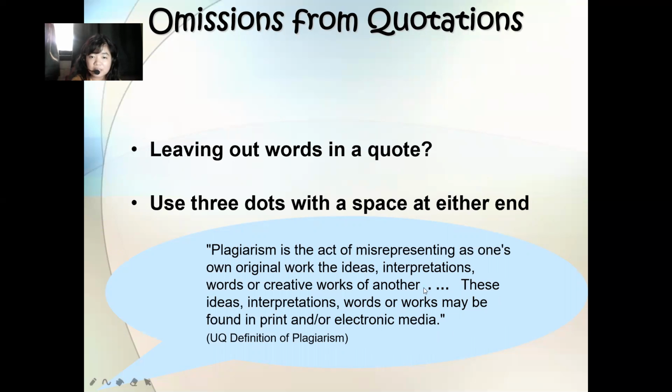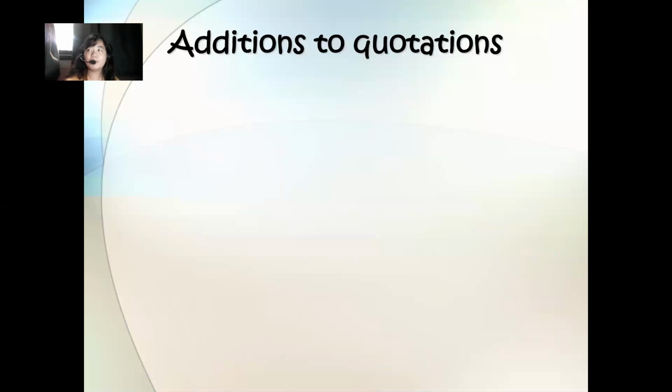The three dots indicate that you cut or omitted something from the original paragraph between them. Okay? Ma'am, how about additions to quotations? What if there is a wrong spelling, ma'am, or I want to further comment on the article? But I can't change it, ma'am, because I would be committing plagiarism or copyright infringement. What should I do?